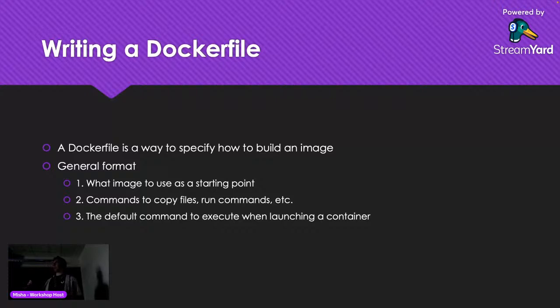So for example, we might want to copy some files, or run some commands, set environment variables, etc. And then finally, we can specify a default command to execute when you run a container. So we've seen, for example, with the Python image, the Python command is the default one that gets executed. We saw that it opens the shell.